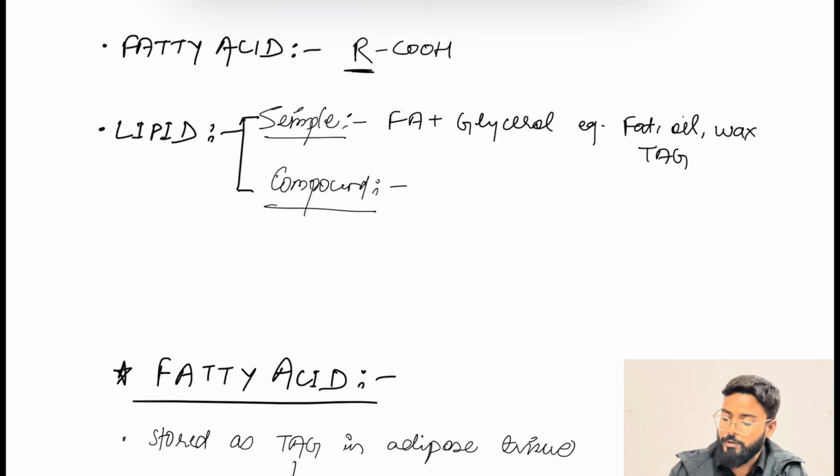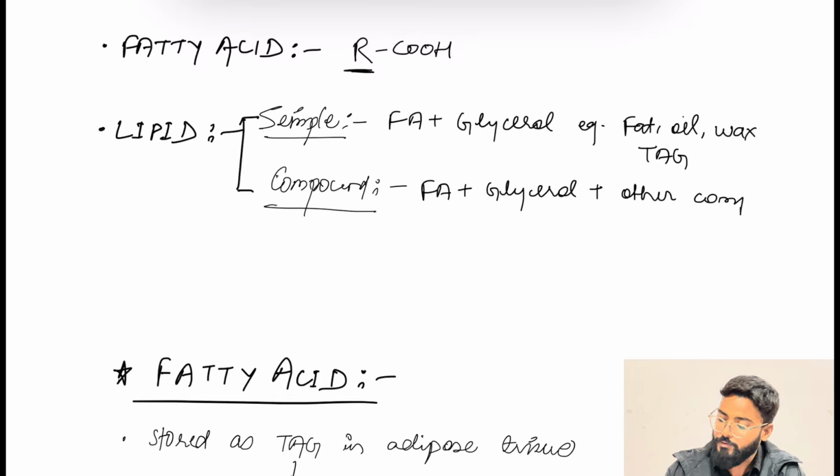What is a compound lipid? In a compound lipid, along with your fatty acid and glycerol, you will see another component, some other compound attached to fatty acid and glycerol, and that could be different in different kinds of compound lipids.